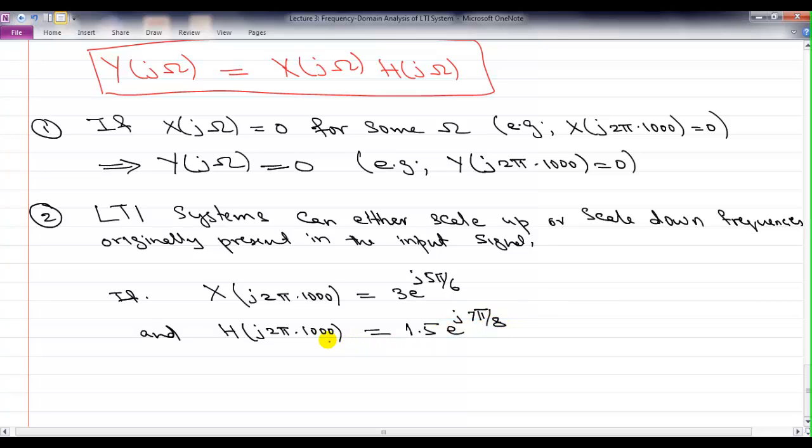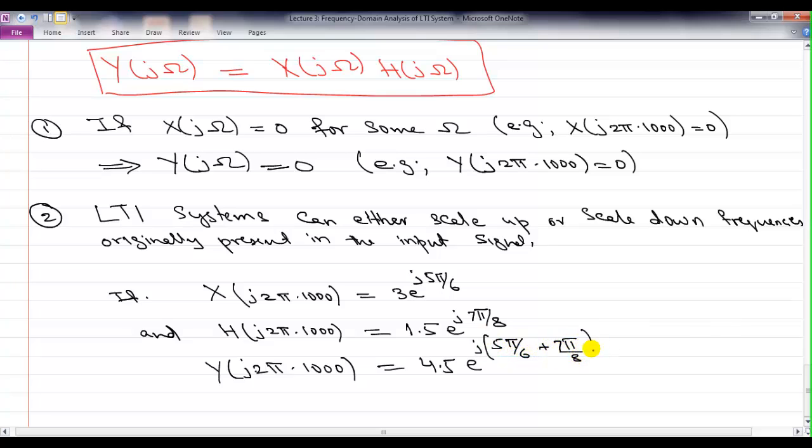So if you want to understand what will happen to the frequency at the output at 1 kilohertz, you need to look at the input frequency of 1 kilohertz and the impulse response Fourier transform at 1 kilohertz. So my Y(jω) at 1 kilohertz will be simply the multiplication of the two, which is 3 times 1.5, which is 4.5, e^(j(5π/6 + 7π/8)).